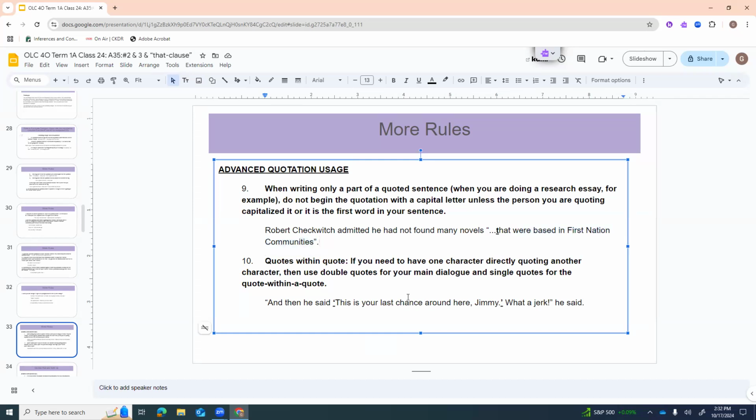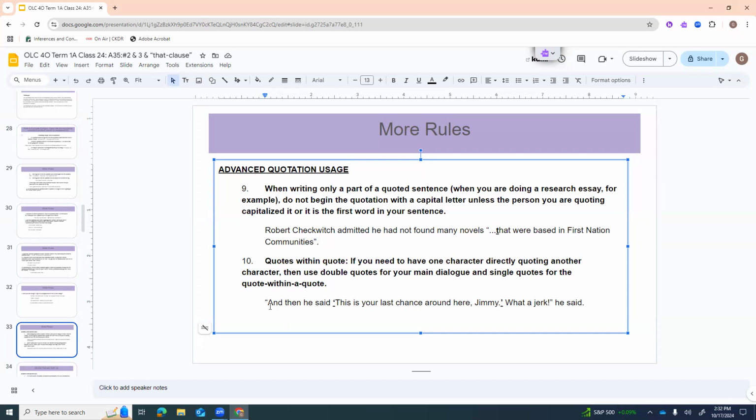It's not required. Number 10, quotes within quotes. If you need to have one character quoting something another character said, then you use double quotes for the main dialogue and single quotes for who they're quoting. And again, this is awkward and tricky, and I don't advise you to do it very often.